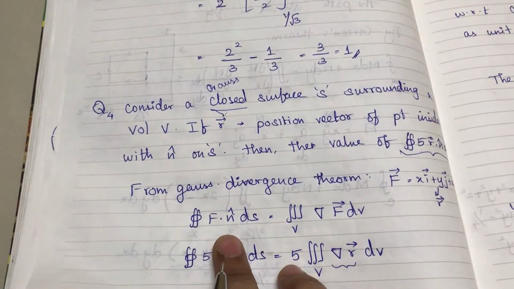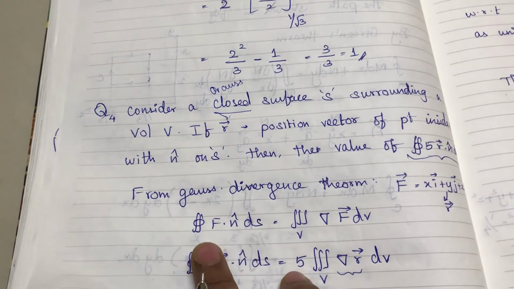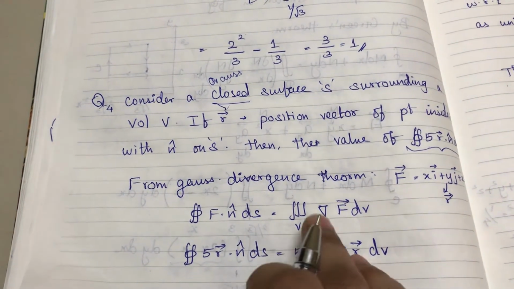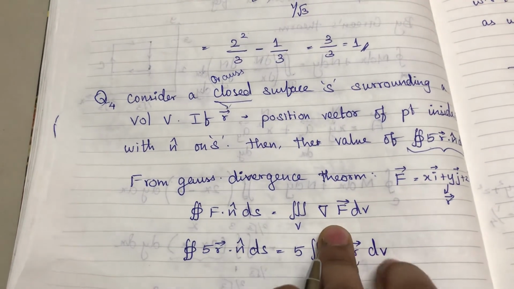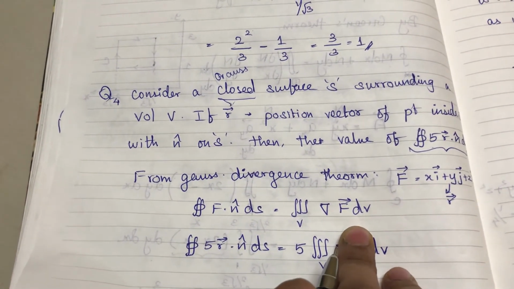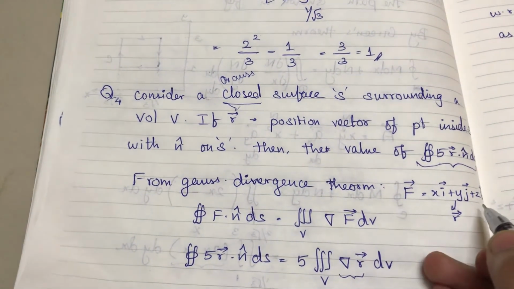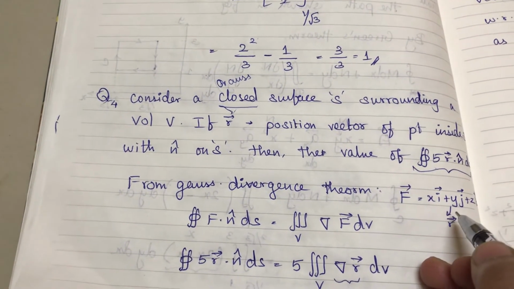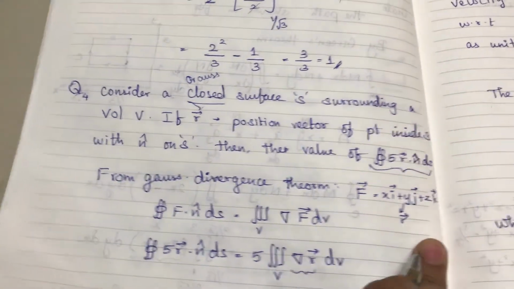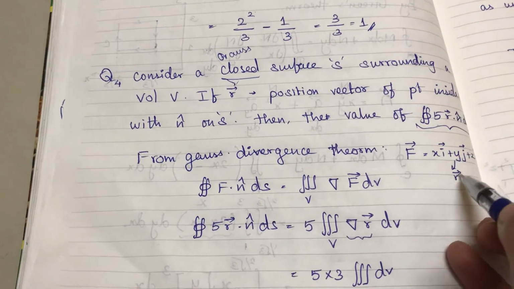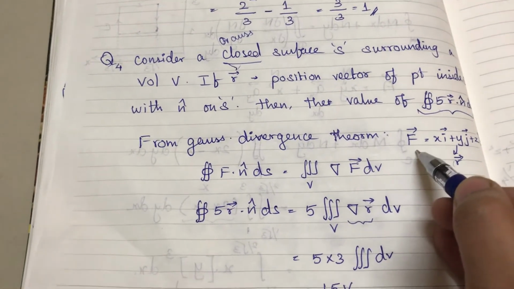So what is the formula? Double integration of F dot n cap dS is equal to triple integration of del dot F. This is the actual value. Let's take F as xi plus yj plus zk. Okay, this is nothing but the R vector. Let's take this R vector as F vector.